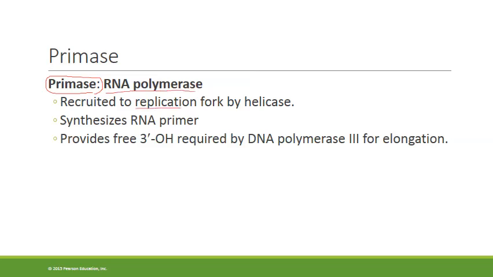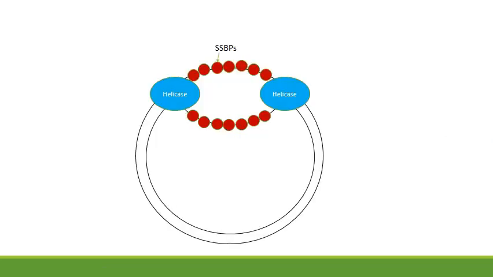It comes to the replication fork by recruitment by DNA helicase and synthesizes a short RNA primer that provides that free 3' hydroxyl for DNA polymerase to elongate. So we have our helicase, our single-stranded binding proteins, and now RNA primase can come in there and add a primer.